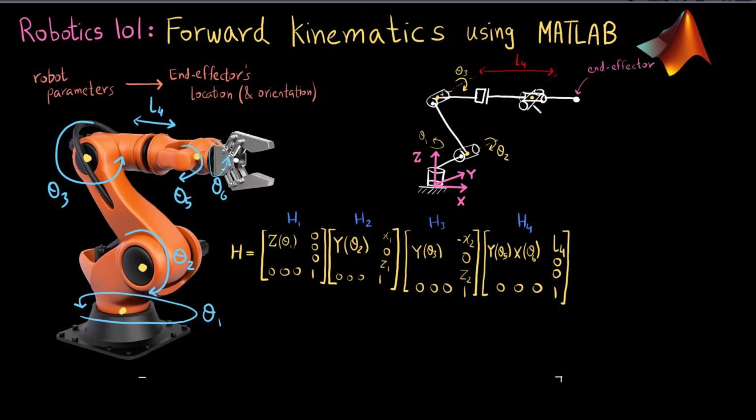And then once I reach this point right here, I first rotated by theta 5 around the y-axis, which is this theta 5. And then I rotated about the x-axis, which is this, theta 6.